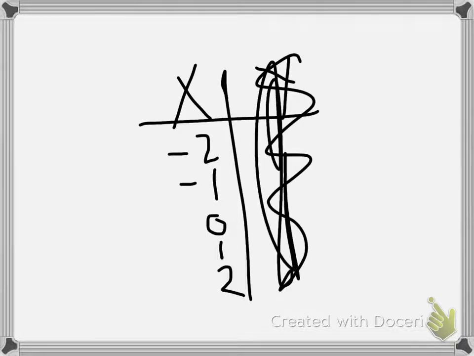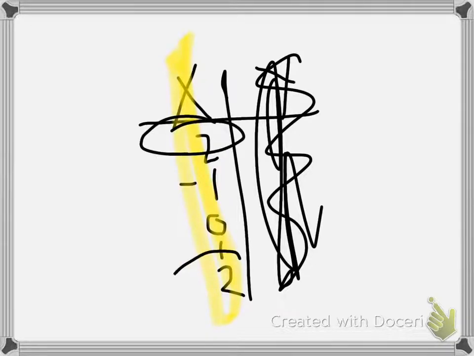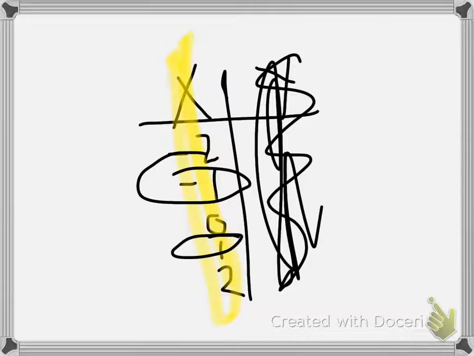I'm not going to make up any y's because they don't matter, but let's highlight our x's. A lot of students will say, oh, here and here, that makes it not a function. It has -2 and +2. It also has -1 and +1. That doesn't mean anything, okay?